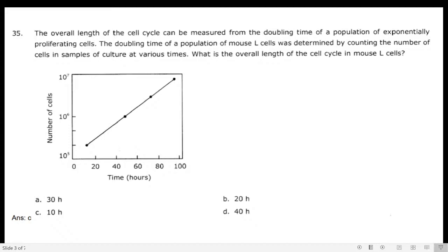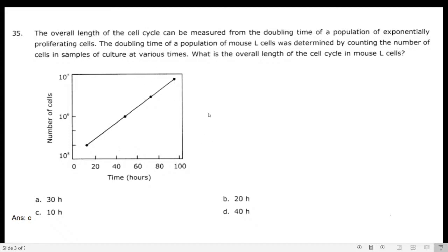In this, what they asked: what is the overall length of the cell cycle in mouse L cells? They mention the doubling time of a population of mouse L cells is determined by counting the number of cells in a sample of culture.